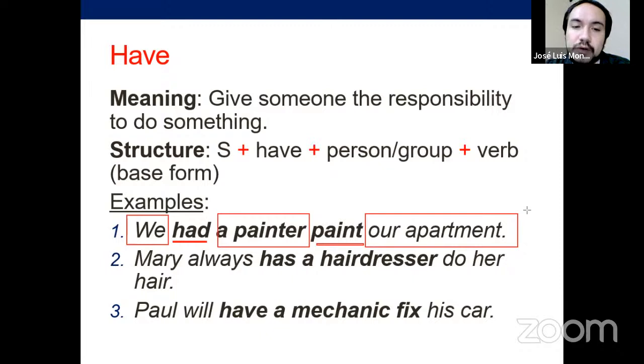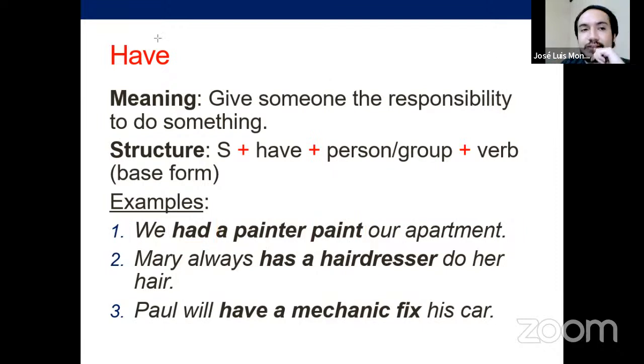In present continuous, right now we are having a painter paint our apartment. In past continuous, we were having a painter paint our apartment when something happened. In future, we will have a painter paint our apartment tomorrow. In present perfect, we've had a painter paint our apartment before. So we can use, once again, any tense.